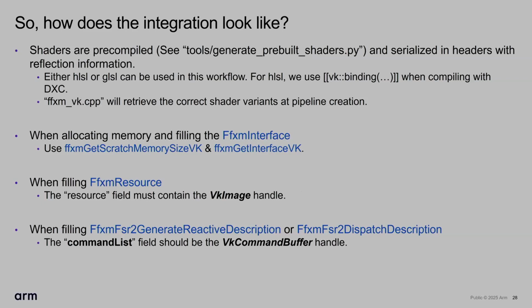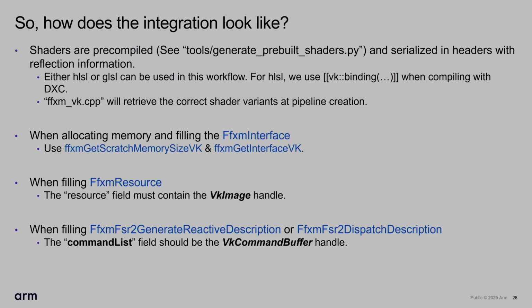If you are going to use this approach, we now provide a shader tool there that you can use for pre-compiling and serializing your shaders that will be used at runtime. We extended things a bit because we liked using DXC compilers. Shaders can optionally use the VK bindings for selecting where you want to bind the resources.